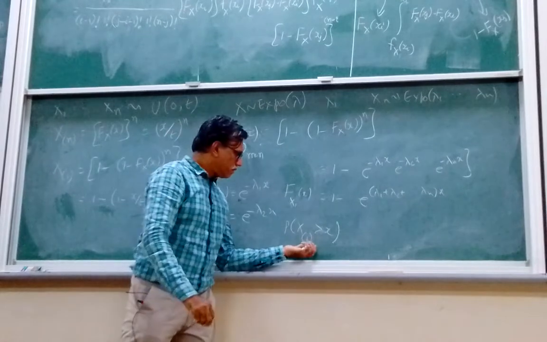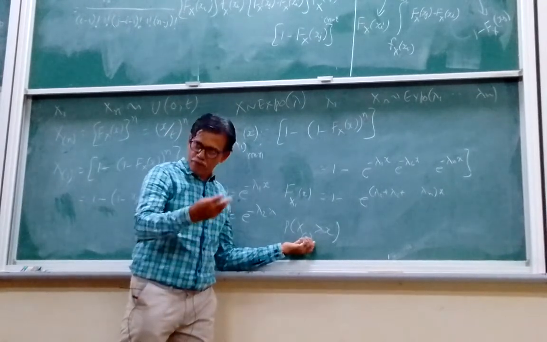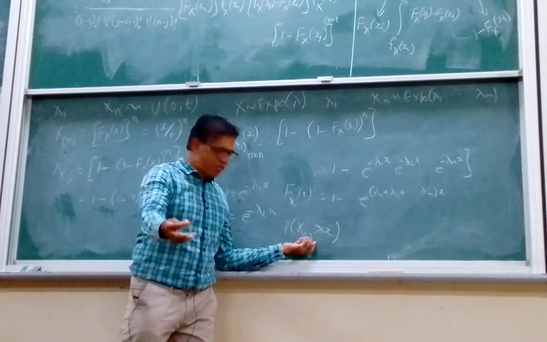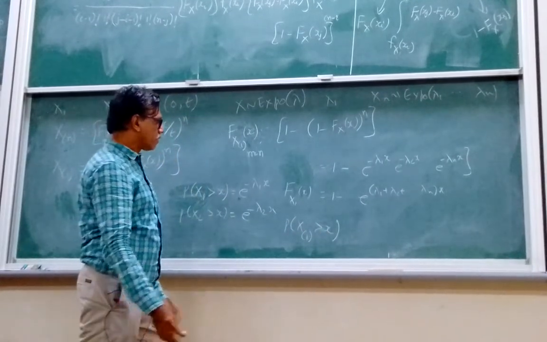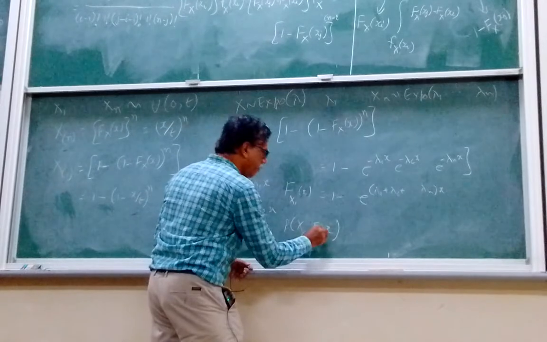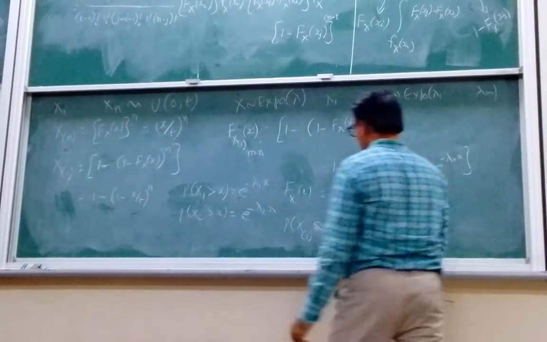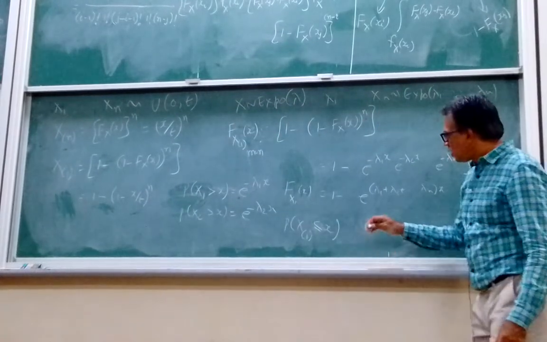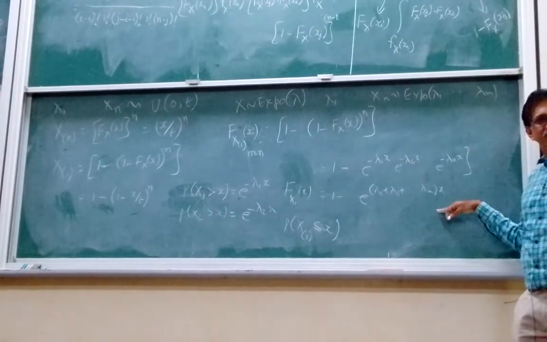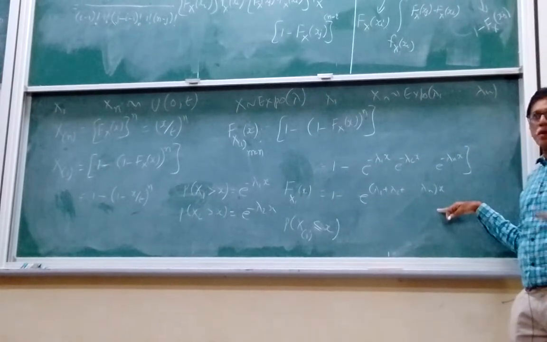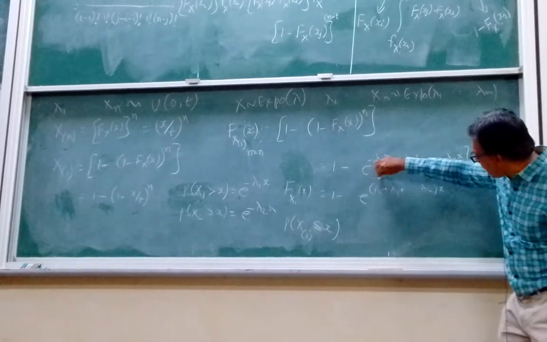That is, the lifetime of the first one to go away itself is greater than x. Sorry, X(1) is less than or equal to x. It is given by this. Which means that you will see that this is the familiar formula for the CDF of an exponential random variable. The only thing is the parameter is this.